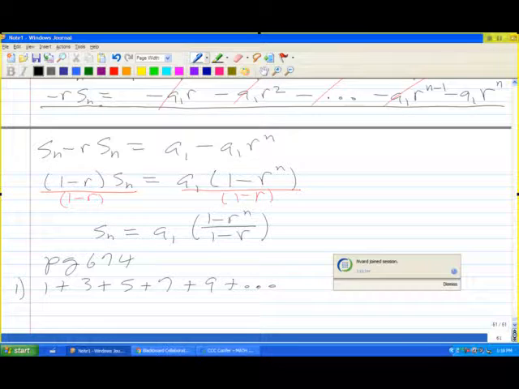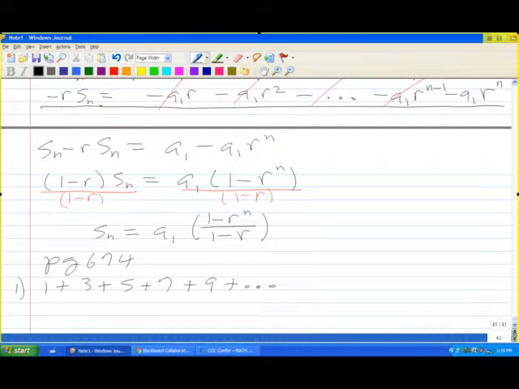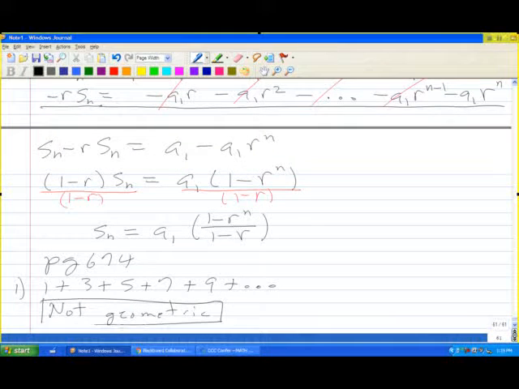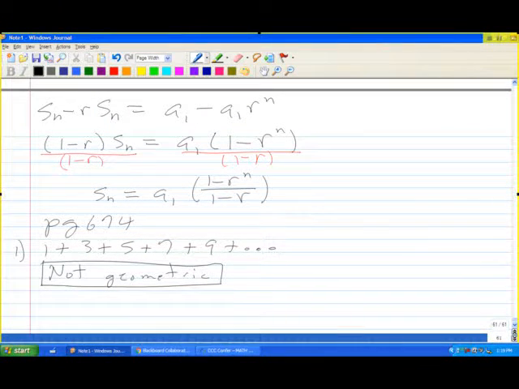So I want to determine if this series is geometric. If I look here, I keep adding 2. And so no, it's not geometric. I don't multiply by a constant. I'm adding the same constant. So this is not geometric. It is an arithmetic series.